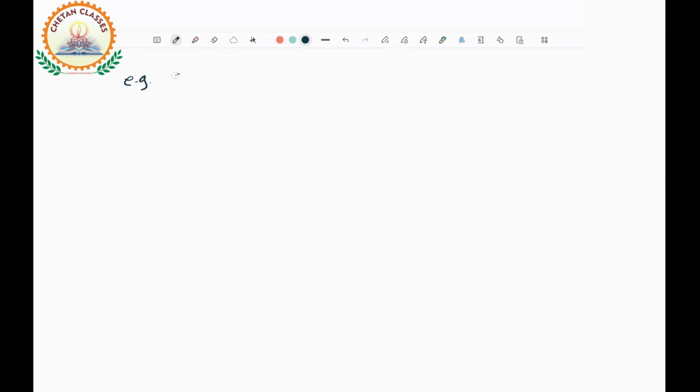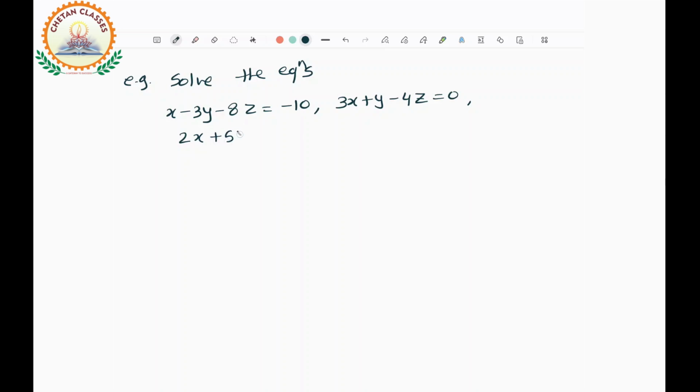Next example. Solve the equations x - 3y - 8z = -10, 3x + y - 4z = 0, and 2x + 5y + 6z = 13.